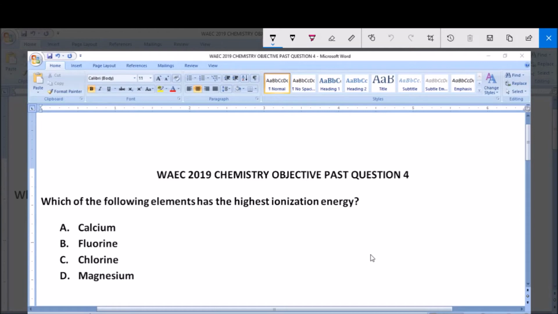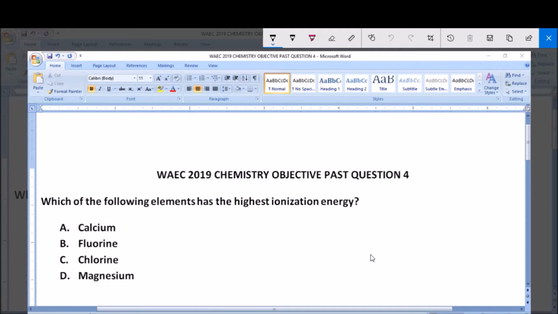Now, an important fact to note is that the more electropositive an atom of an element is, the higher the tendency it has to lose an electron, because electropositive atoms are majorly metals, and basically metals are known as electron donors in reactions.